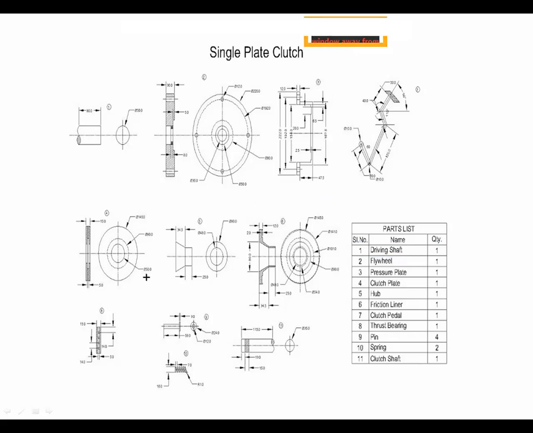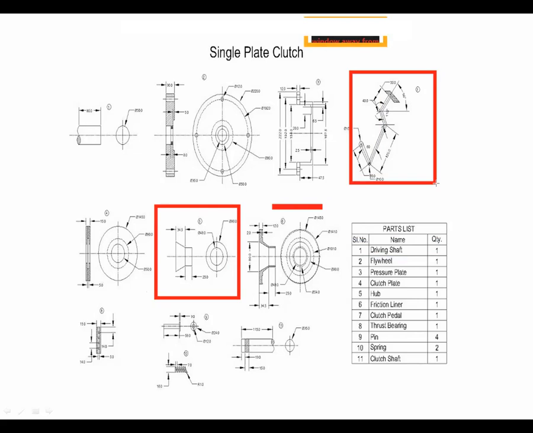Now clutch plates are also given. Fifth one is hub. Sixth one is a friction liner. Then seventh one mentioned over here, that is clutch pedal.